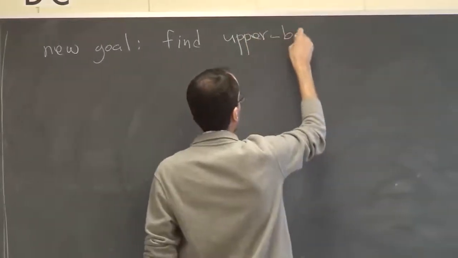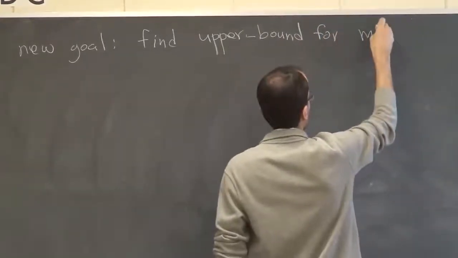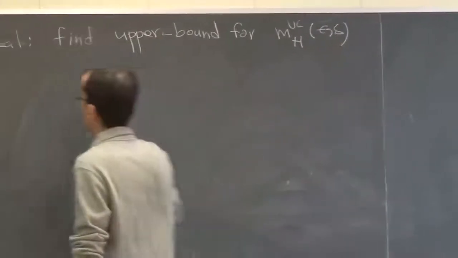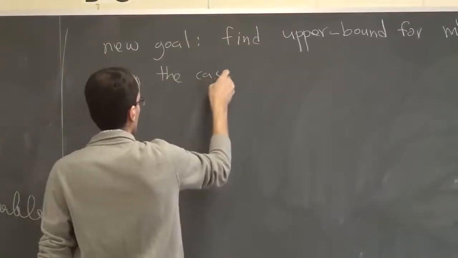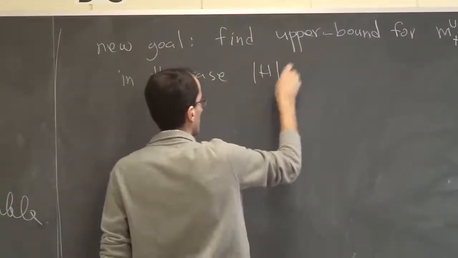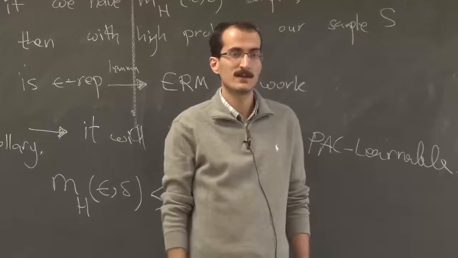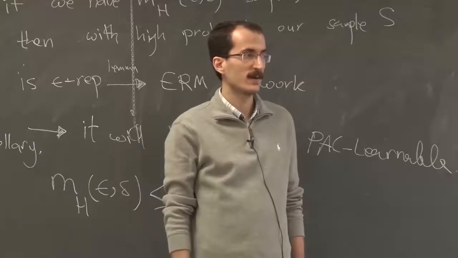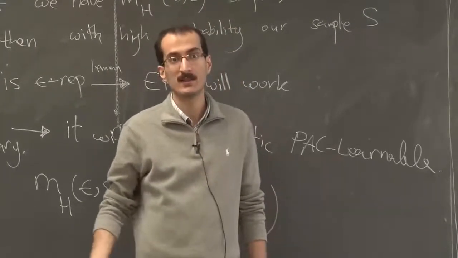The new goal is to find an upper bound for the sample complexity of uniform convergence. For this session, we will prove results for the case where this hypothesis class is finite, just like the proof that we had for the realizable case.